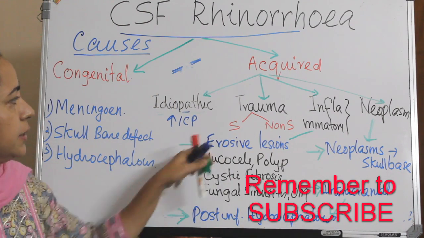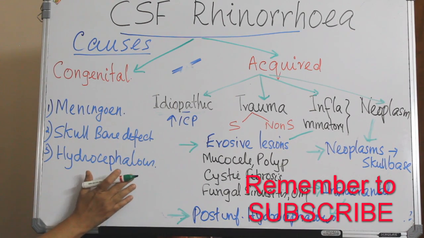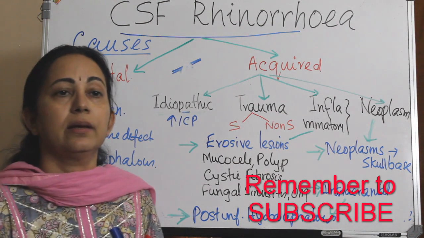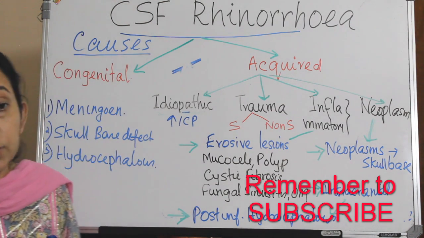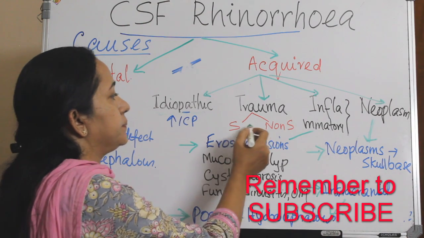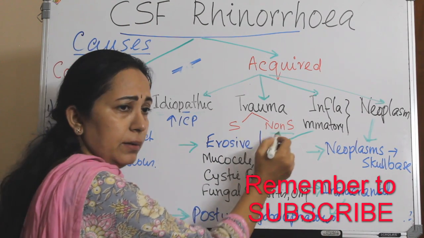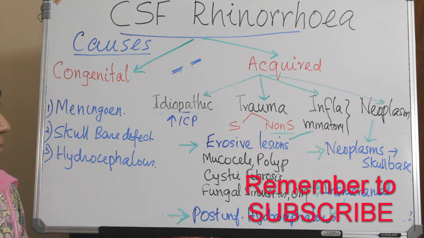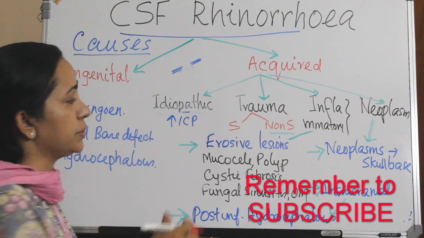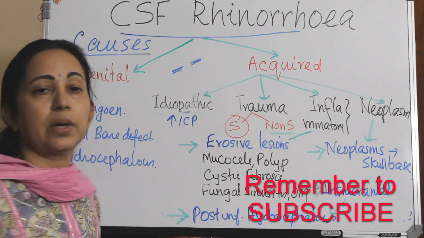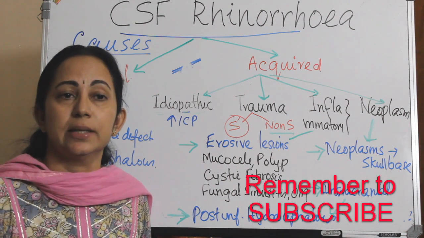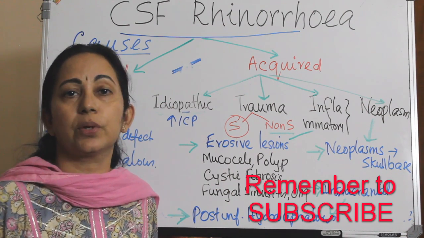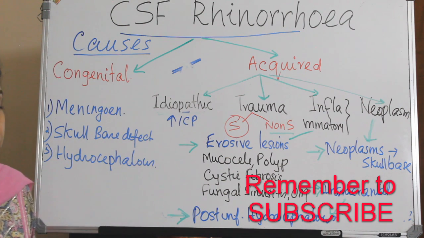Okay, so these are the causes of CSF rhinorrhea, and historically the most common cause was considered to be head trauma, but presently the most common cause is considered to be iatrogenic, or surgically produced.